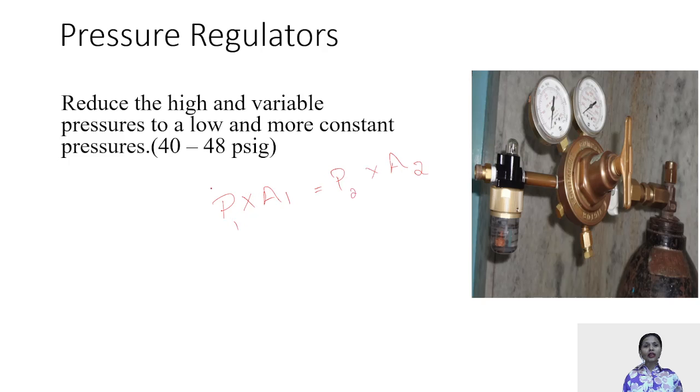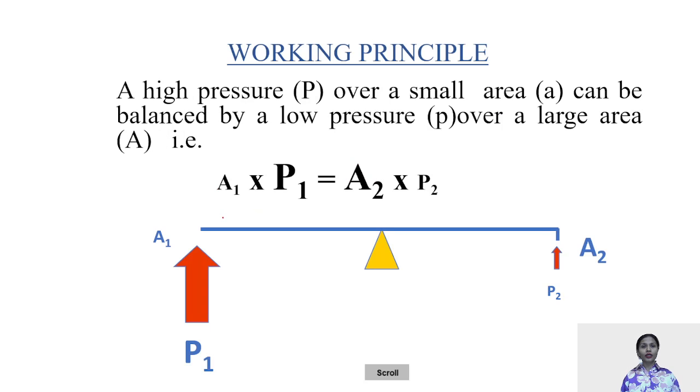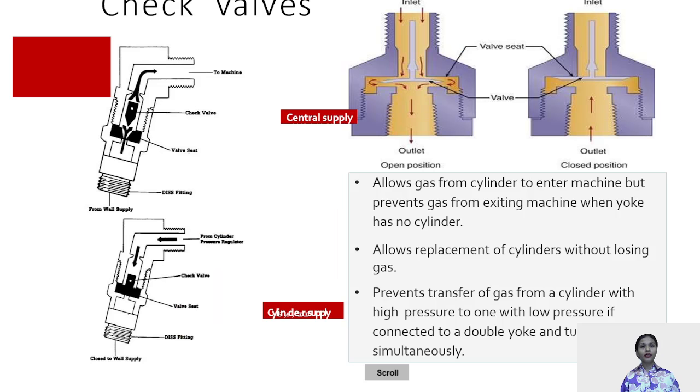So in the start, the pressure is high, area is less, and eventually what are we going to do in these pressure regulators? We will increase the area through which the gas goes and thus the pressure drop is seen. These are your first stage pressure regulators. This is the working principle of your first stage pressure regulators.